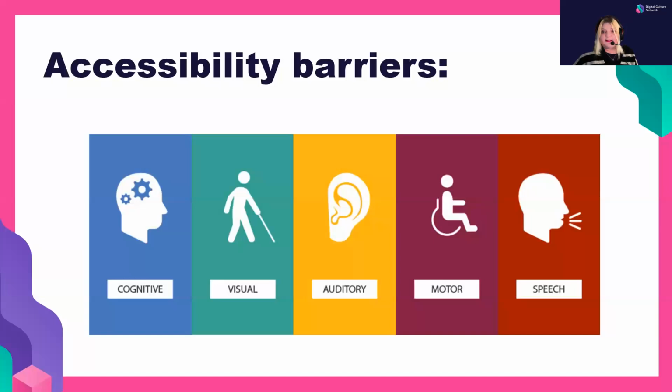And the barrier categories can be cognitive, anything relating to the brain and processing of information; visual, anything relating to sight; auditory, anything relating to hearing; motor, anything relating to the physical body or movement; and speech, anything relating to the function of speaking.